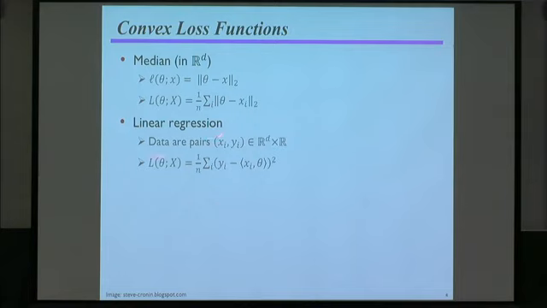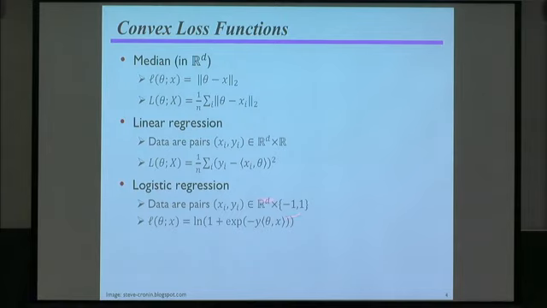Okay, linear regression. So ordinary least squares linear regression. You think of your parameter vector as mapping a feature vector to a real number, and you're looking at the square difference between the real number and the dependent variable you're trying to fit to. Logistic regression is another example.